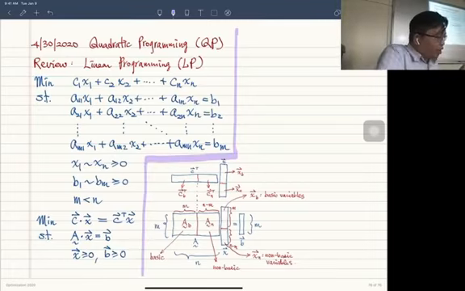We separate our variables into basics and non-basics, and when we are able to do that, we could start to go through our iteration process.